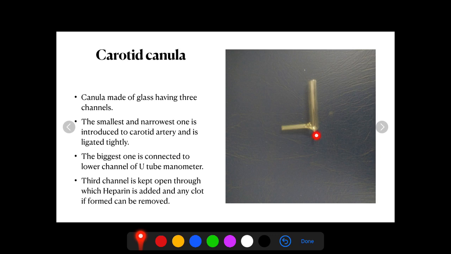And the blood enters from the carotid artery, and through this connection it will enter the U-tube mercury manometer. Now, the biggest one, that means this portion, is connected with the help of a rubber tube to the U-tube manometer. And this one is kept open. Why? Because from time to time, heparin can be added, and if there is any clot formation, this can be removed through this channel.